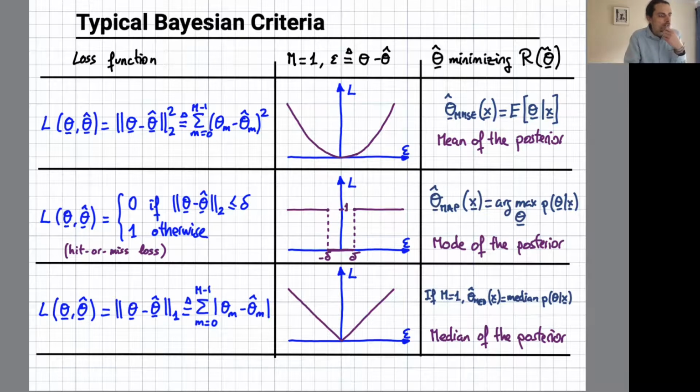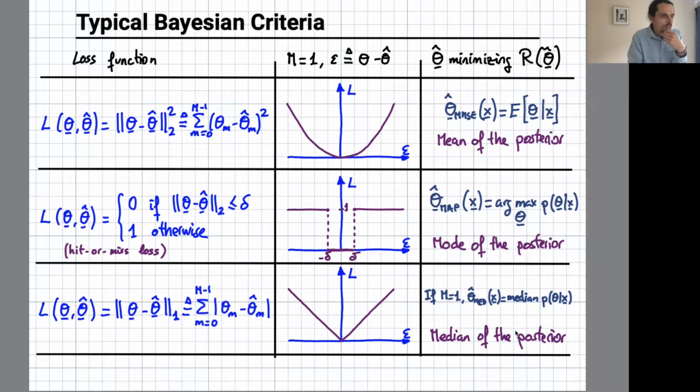So this makes a very neat picture. This estimator is the mean, this one is the mode, and this one is the median of the posterior distribution.